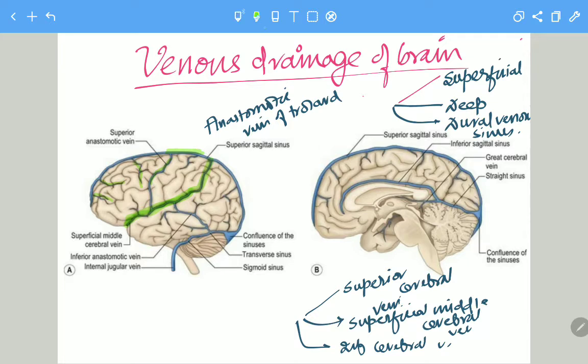And the anastomotic vein which connects the superficial middle cerebral vein to the transverse sinus is called the anastomotic vein of Labbé. So this is the anastomotic vein of Trolard, and this is the anastomotic vein of Labbé.